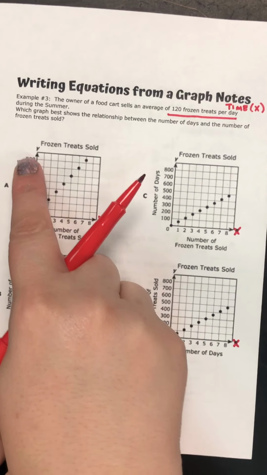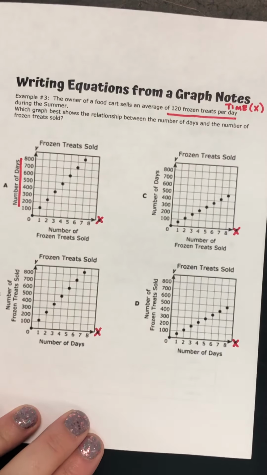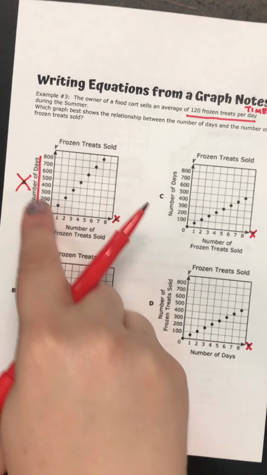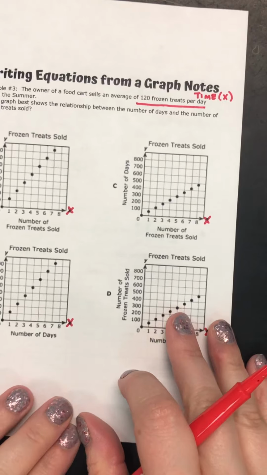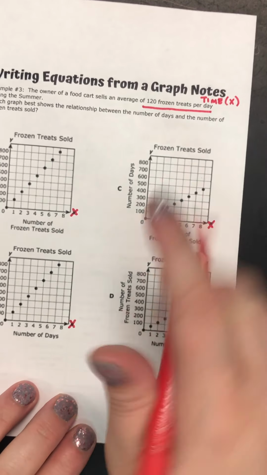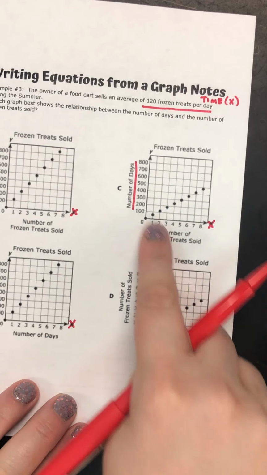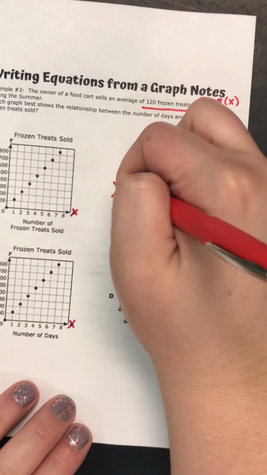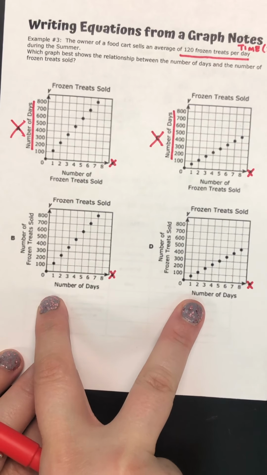Looking here, number of days is listed on the y-axis, which means this is a wrong answer because time is always going to be independent. It's always going to be the x-axis. This one, letter C, same thing. Number of days is written on the y-axis, but we know that time should be independent, so it should be the x-axis. So that one's wrong. So now we just have between B and D.